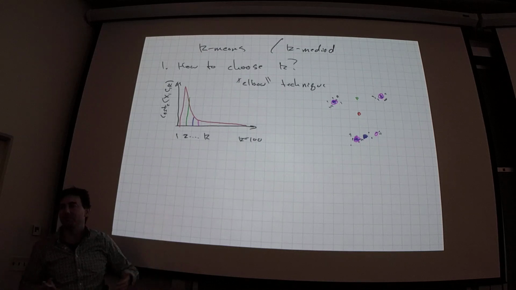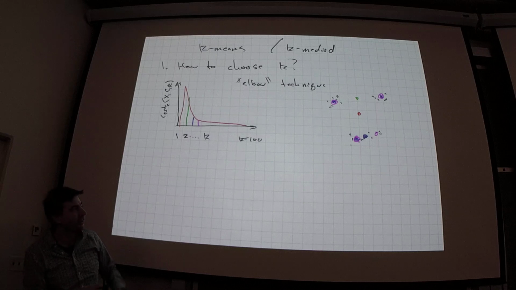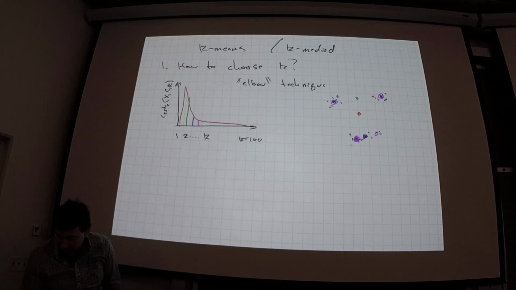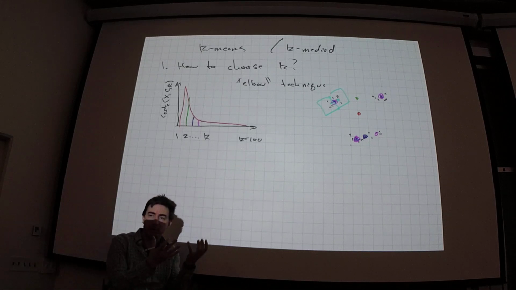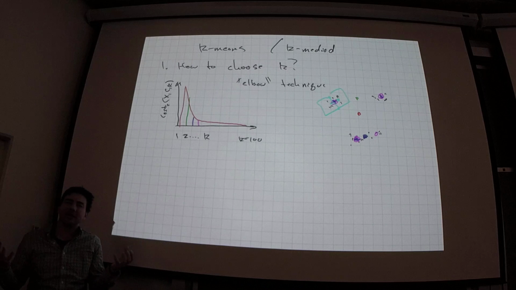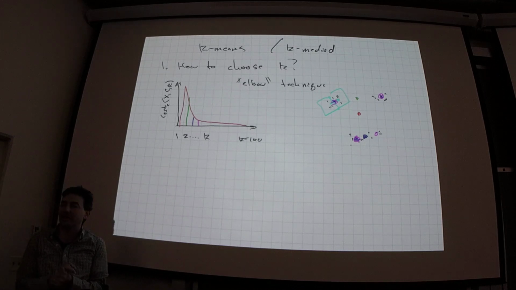So if I look at this data set, what's the right value I should pick? Probably 3. Maybe 4 is okay too. If I pick 5, what's going to happen is I'm going to have to take some cluster up here, and I'm going to have to split this cluster into 2 parts. And okay, maybe I get a little bit more refinement on the data, but structurally it looks like it's 1 group of points.